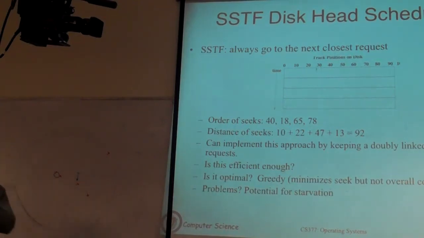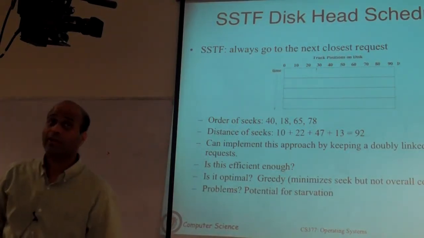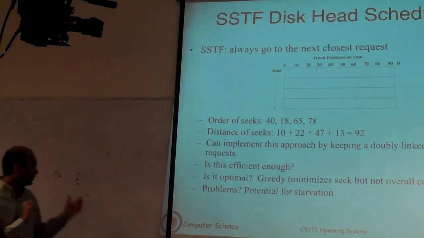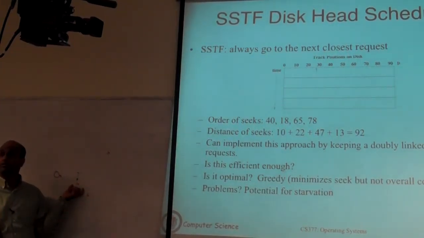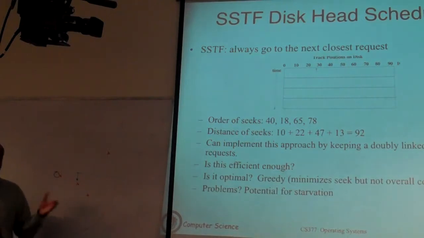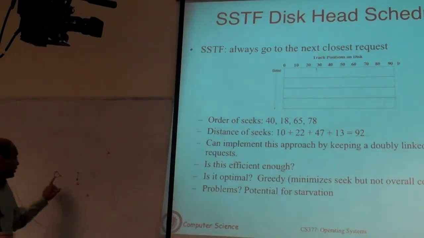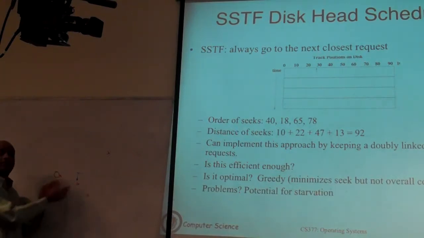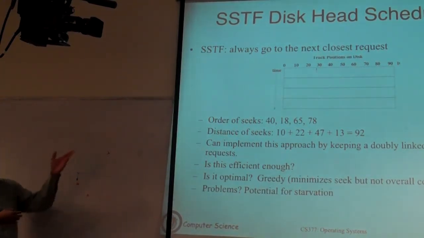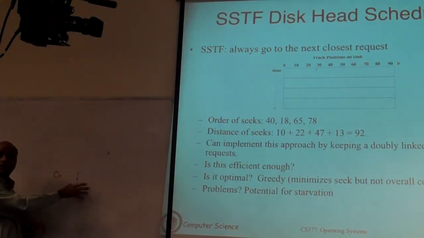So if you have SSTF, because it's doing greedy scheduling, it always goes and looks for the closest request. As was pointed out, requests on either the innermost track or the outermost track are typically going to be farther away than requests in the middle tracks. On average, SSTF will favor nearby requests.